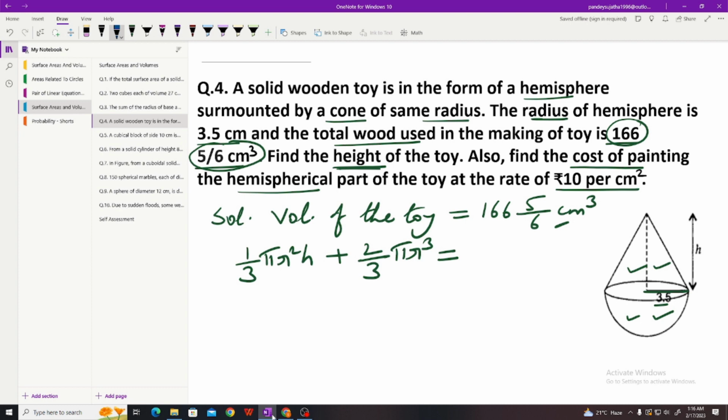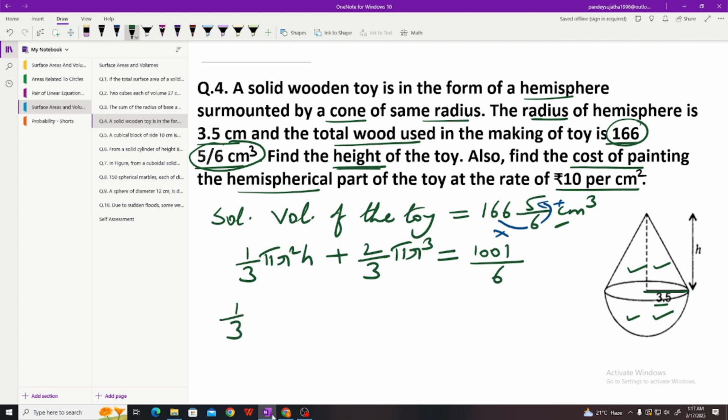How do we convert? Multiply this 166 with this 6 and then add 5 to it, and divide by 6. So we get 1001 divided by 6.